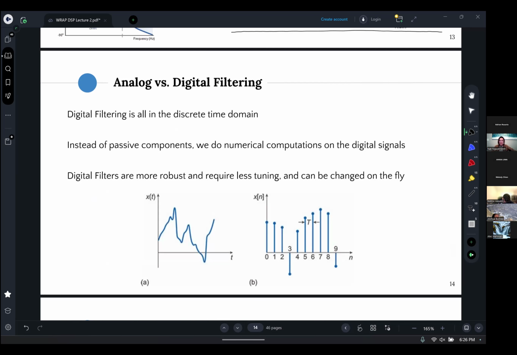And if you've taken 113 or dealt with digital signals at all, you'll know that digital signals are discrete, they're not continuous.